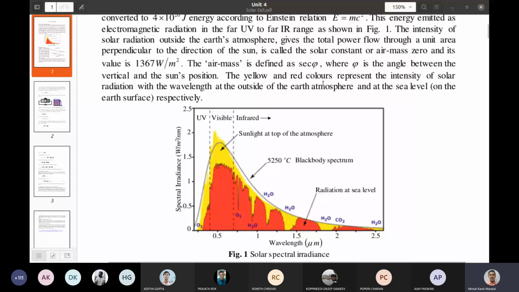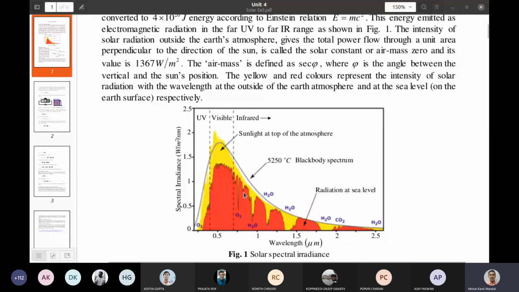So this solar radiation above the Earth's atmosphere is marked by this yellow color, and at the sea level it is marked by this red color. So this is the solar radiation.